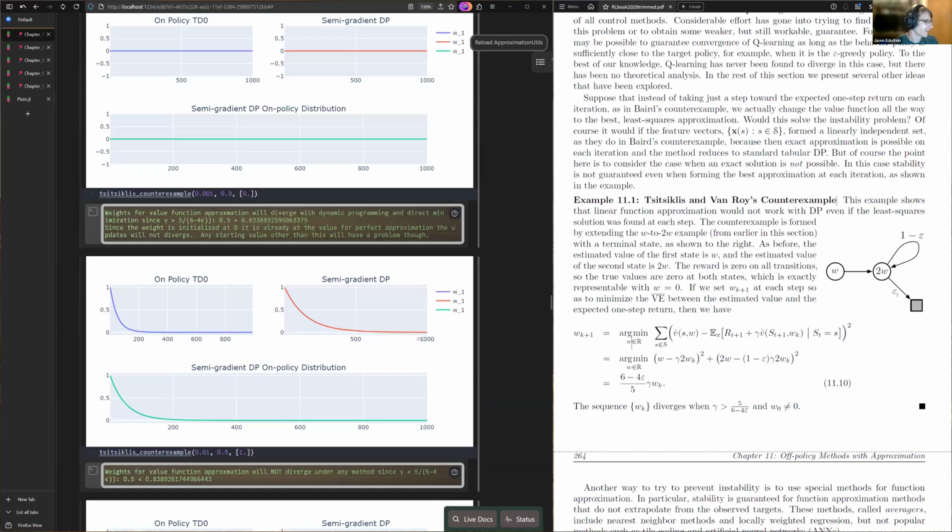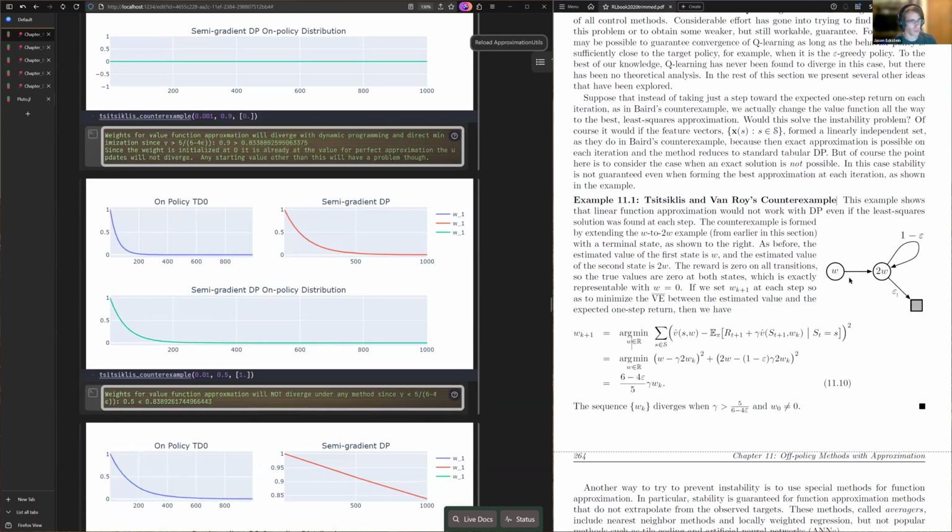And I think that's what you see here. So this should be showing whatever the TD fixed point is. So in this particular problem, the TD fixed point should match the best value error solution. But that's just because of how simple the problem setup is. That is not the case in general.